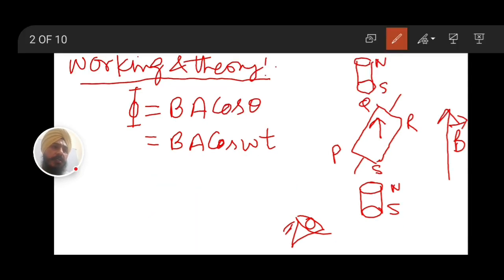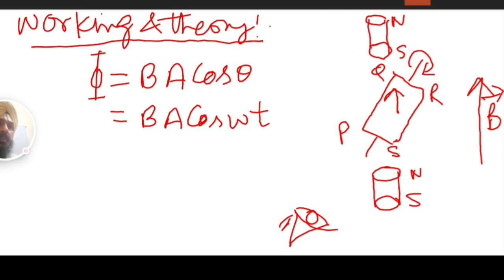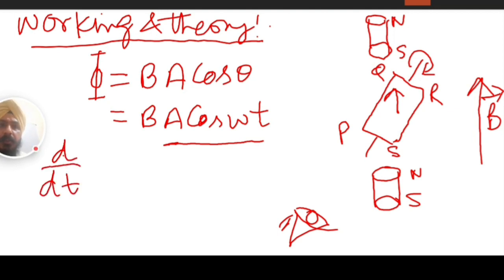As we rotate the coil like this, the P and Q side comes at the top and the SR side becomes downwards. So as the area vector rotates, A cos omega t changes, while the magnetic field remains fixed towards the upside. If it changes, then what will happen? Let us calculate d upon dt of phi.